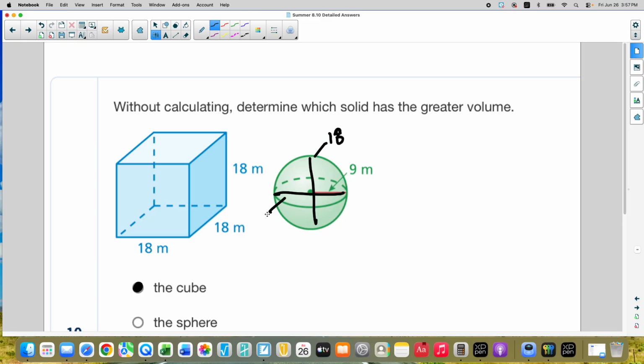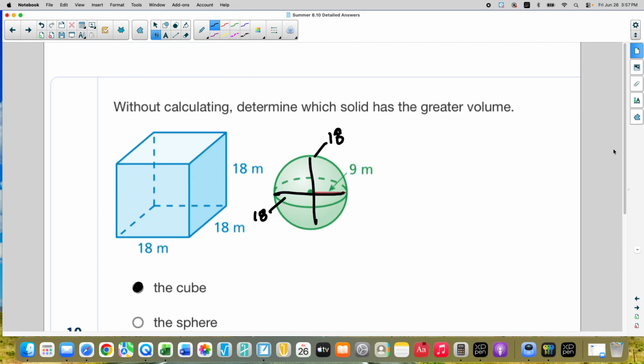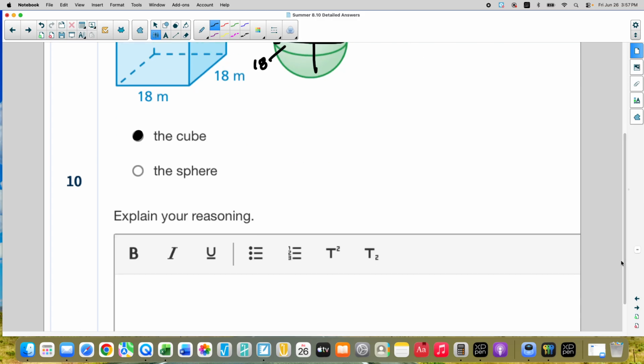This is 18, and that can fit inside there, and so the cube's going to have more, because the sphere can fit inside the cube.